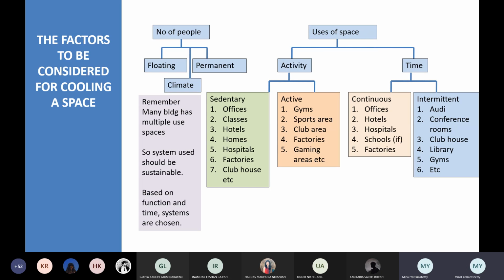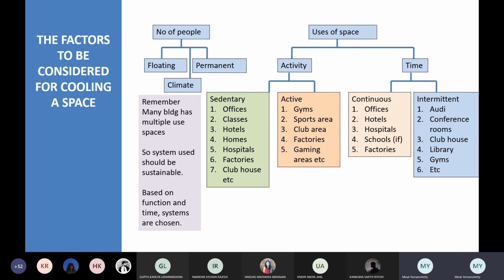So that's how you can have this shift or multiple use of spaces, or you can say multiple uses of air conditioning, not spaces. But yes, this is how the systems can be managed. Systems could be alternatively used to get me the best possible combination and save my money.